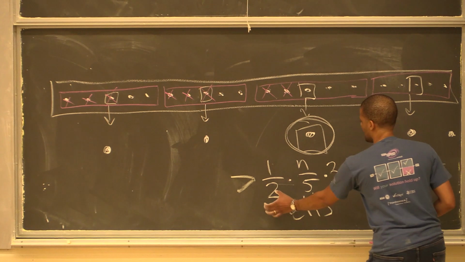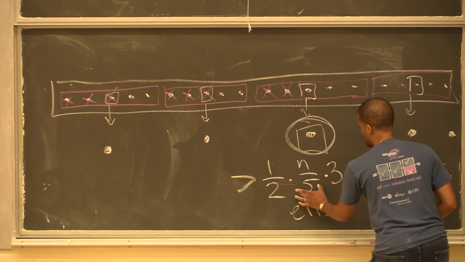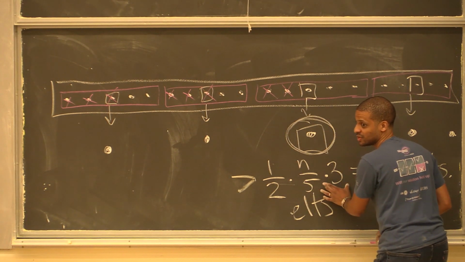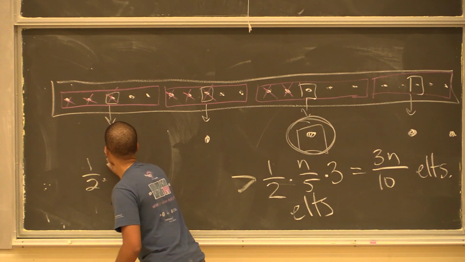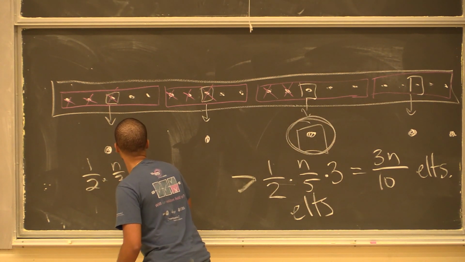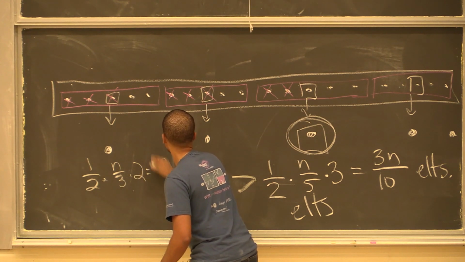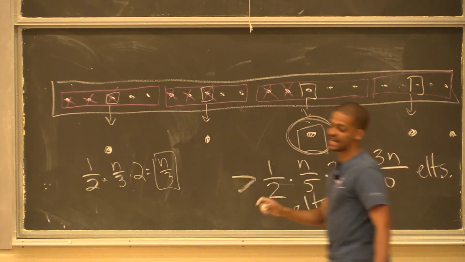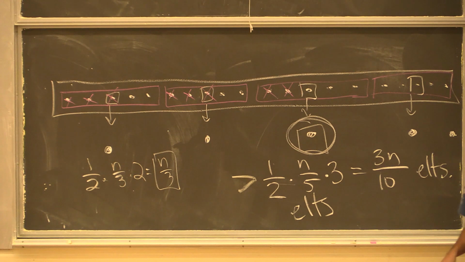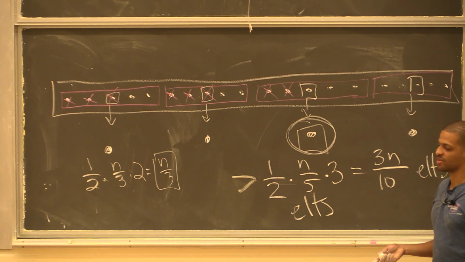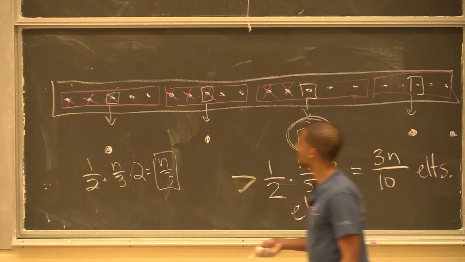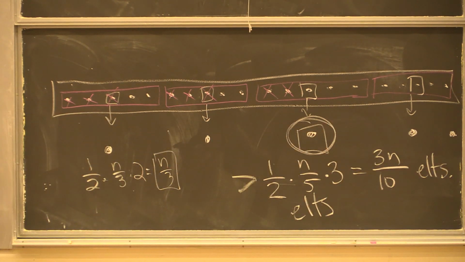So I'm going to have a half times n over 3 times 2, which is n over 3. He's guaranteed to be bigger than n over 3 elements, and he's guaranteed to be smaller than at least n over 3 elements. Which means that L and R each have size at most 2n over 3.